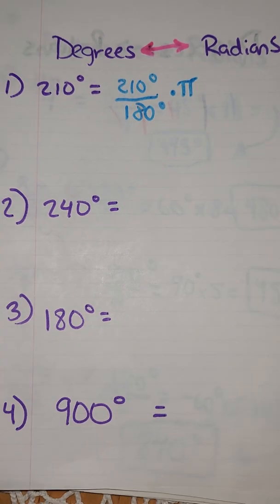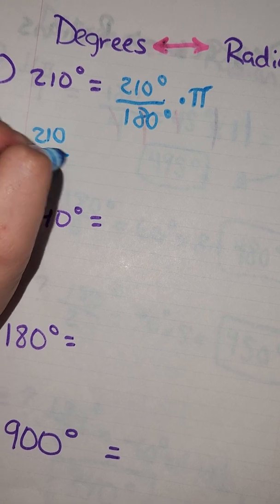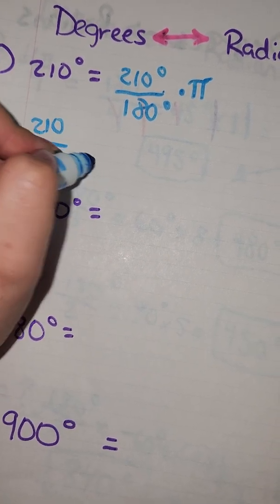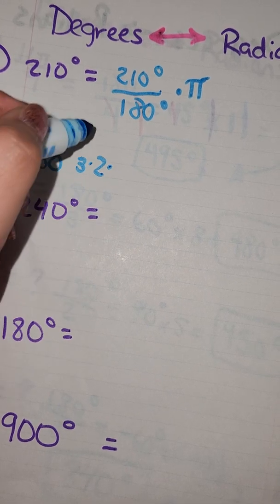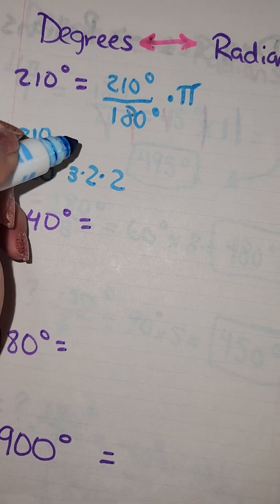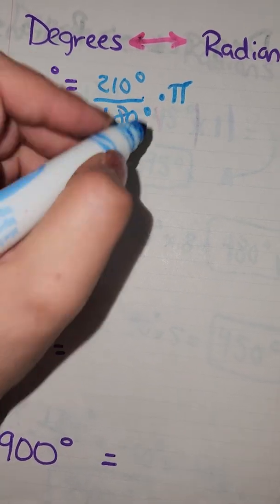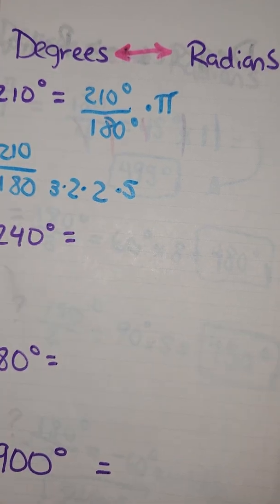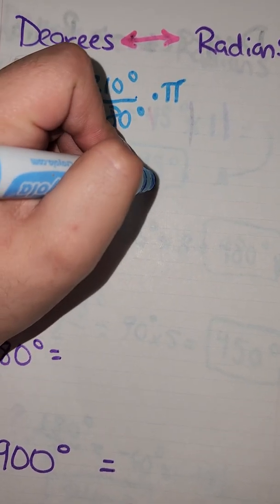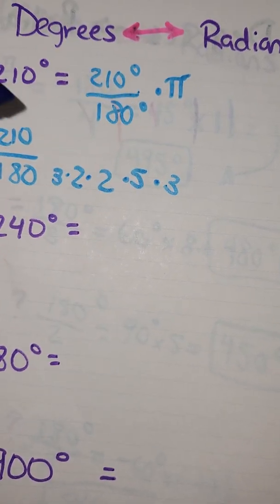So 210, make a side note here, or 180. We know that 3 times 2 is 6, times 2, is 12. 12 times 5 is 60, times 3 is 180.